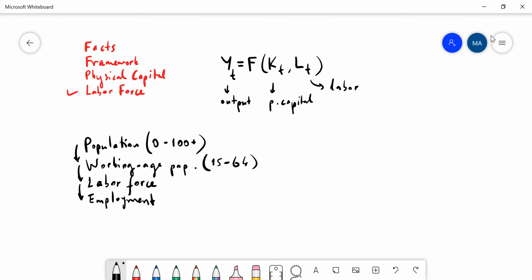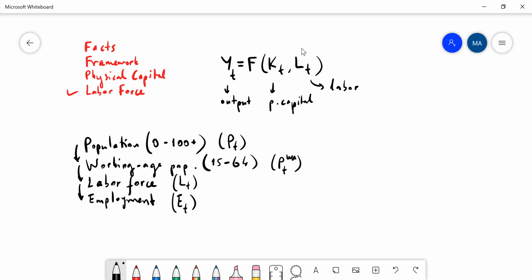So when I write L, maybe we can use this. E could be employment, L could be labor force, right? This could be working age population, and this could be, let's say, population, right? So we want to understand how employment matters for production, right? So you may actually define these ratios, right?